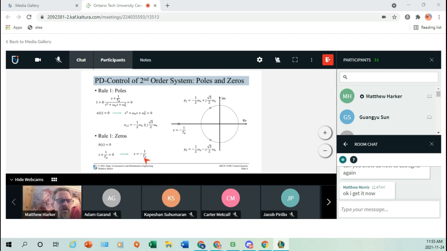So if we go through the algebra, in this case, the 0 value is at -1/TD, which basically says that if TD is a very small value, this 0 is way off at infinity, right?